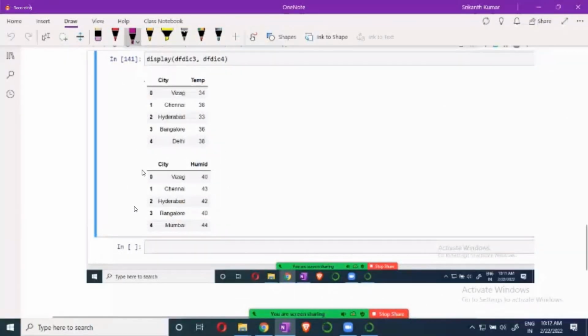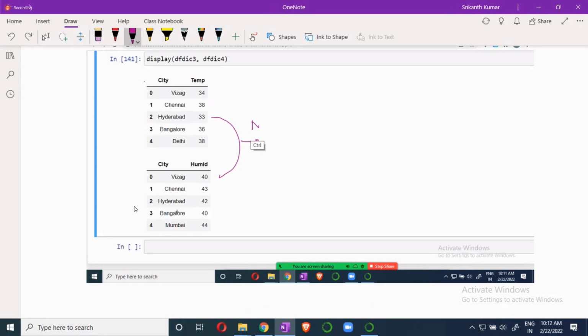If I am saying inner, whichever common column values have values in both the data frames will be shown. Now you see, Vizag has the temperature and Vizag has the humidity, so Vizag will be displayed. Next, Chennai has the temperature and the humidity, so Chennai will be displayed because it has values in both data frames.